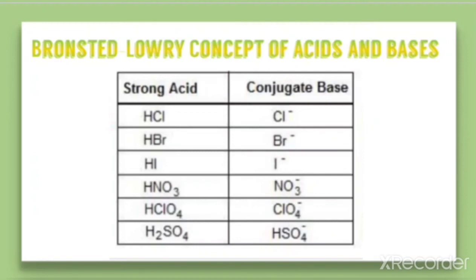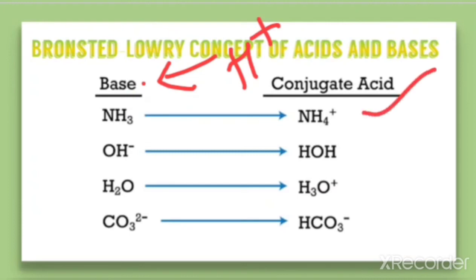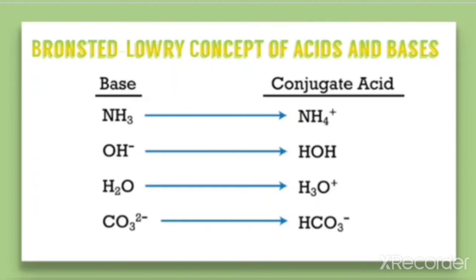Similarly, in some questions the bases will be given to us and we have to find out the conjugate acid. As we know, a base accepts the H plus. That means you have to add H positive to the base, and we will get the conjugate acid. Like the case of ammonia, NH3.